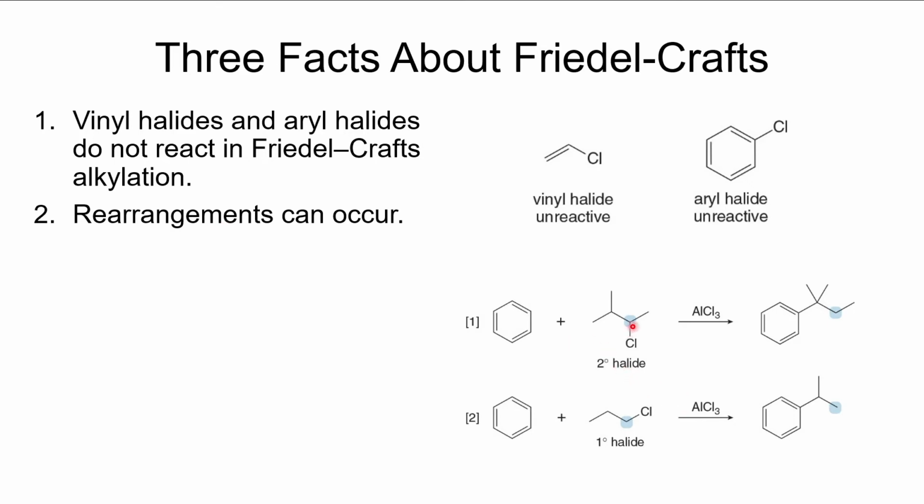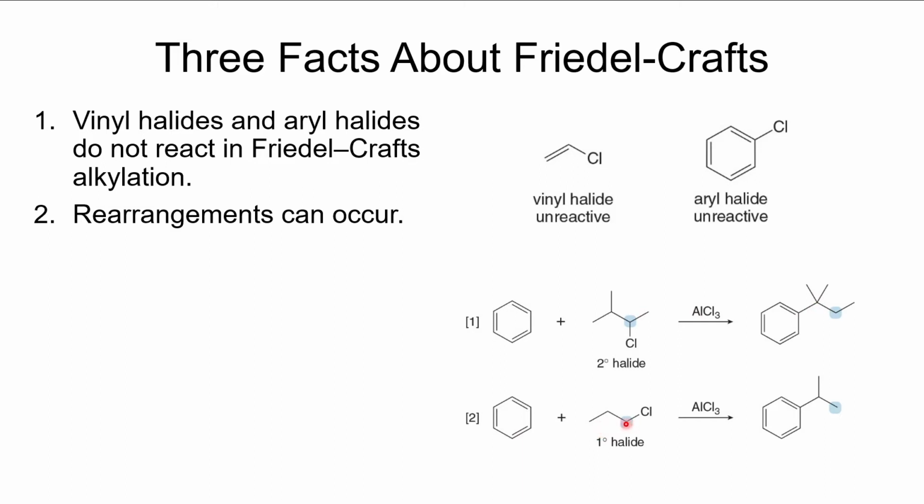If you start with this particular secondary alkyl halide, you can get a rearrangement that will result in the formation of a tertiary alkyl halide and resulting in a quaternary carbon, which is this. So you'll get a slightly different substitution pattern from what you may have been expecting. If you have a primary alkyl halide, you can also get rearrangements.